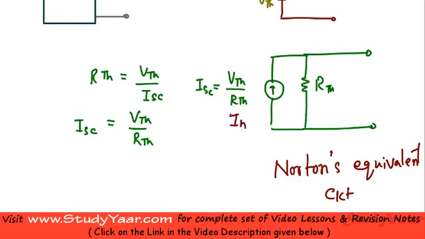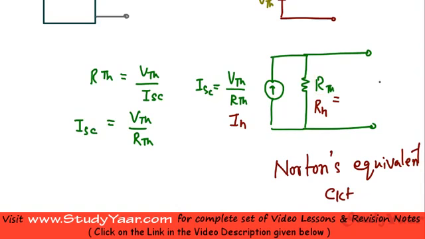IN is equal to your ISC, and this resistance is known as your equivalent Norton's resistance, RN, which is equal to your RTH.